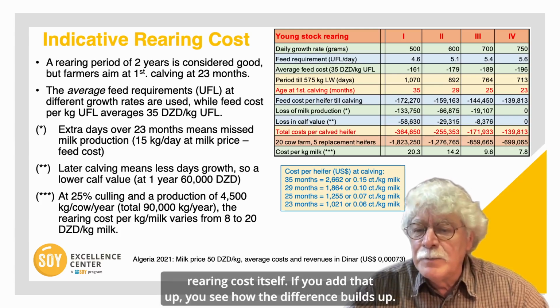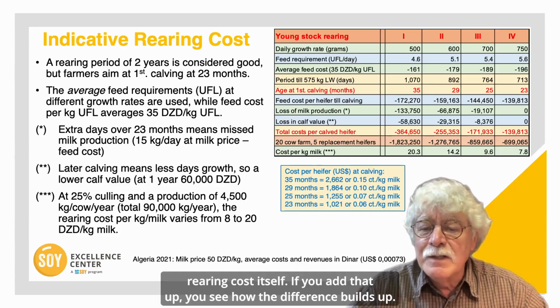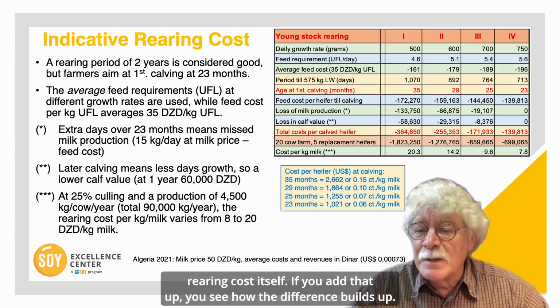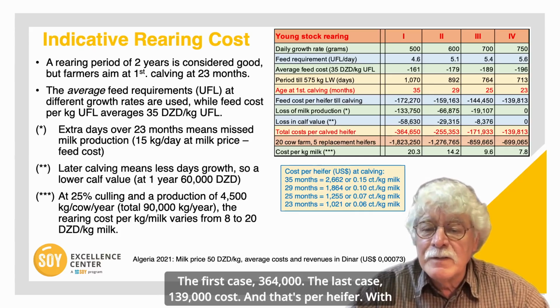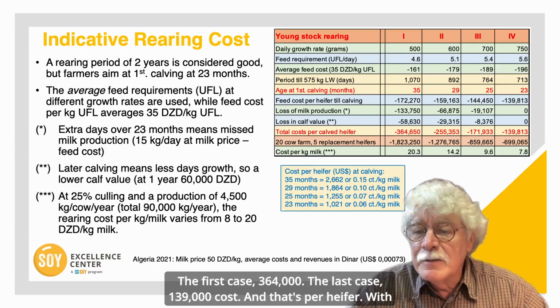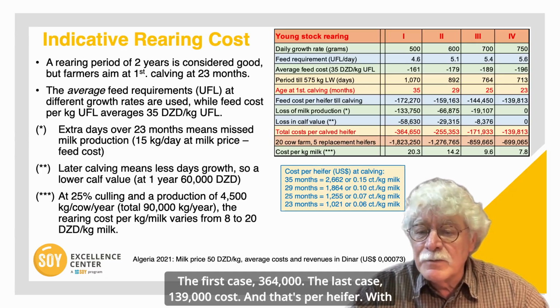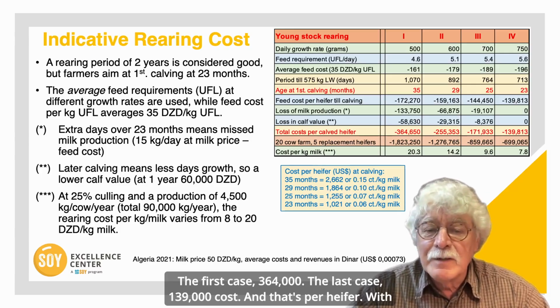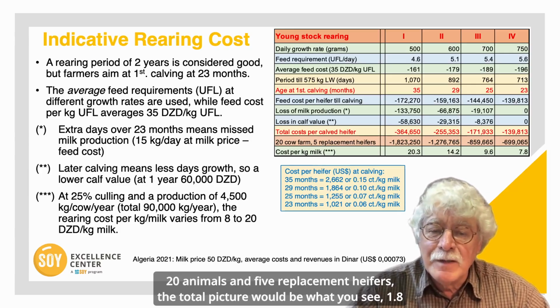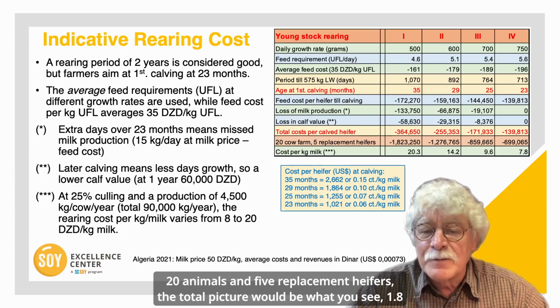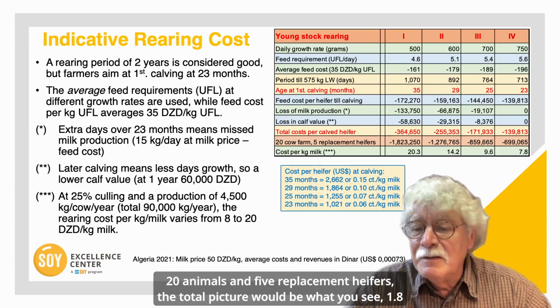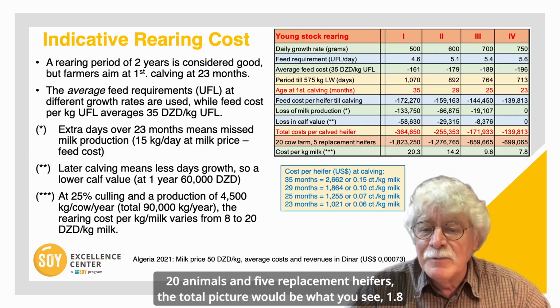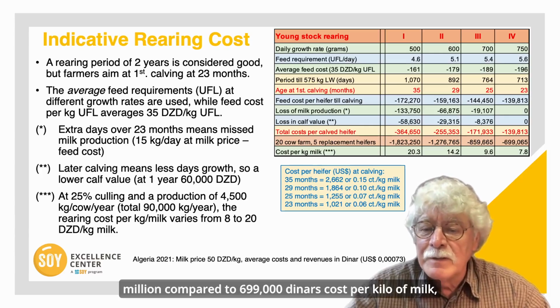If you add that up, you see how the difference builds up. The first case 364,000, the last case 139,000 cost. And that's per heifer, and with 20 animals and 5 replacement heifers, the total picture would be what you see, 1.8 million.